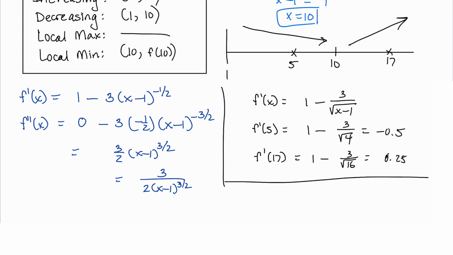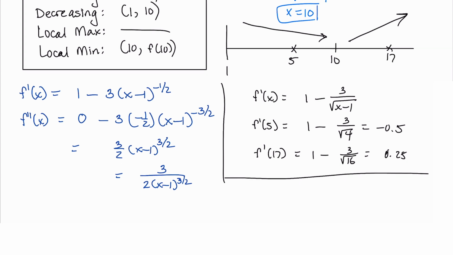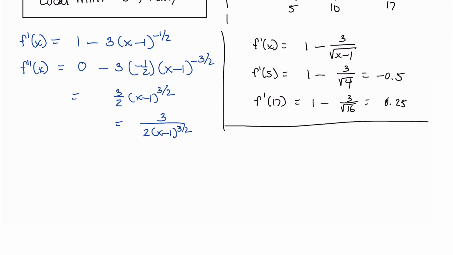Now remember, the domain of the original function is x greater than or equal to 1. x equals 1 clearly makes this second derivative undefined, so we really only have one interval of interest here, and that is when x is greater than 1. So I'm going to draw my number line for my sign graph, and this is x equals 1 right here at the very end.